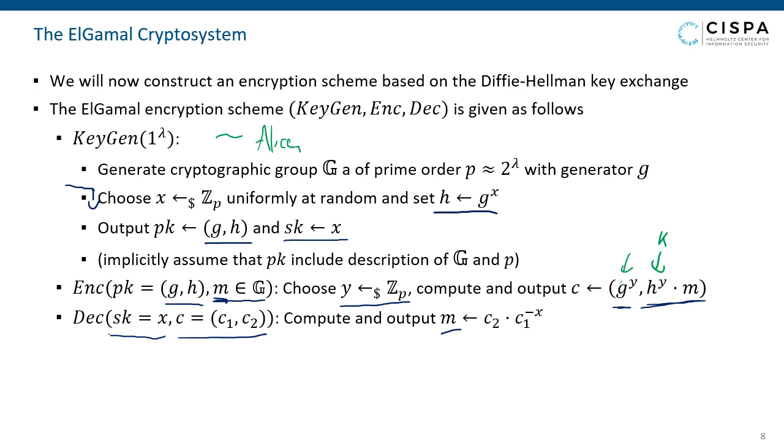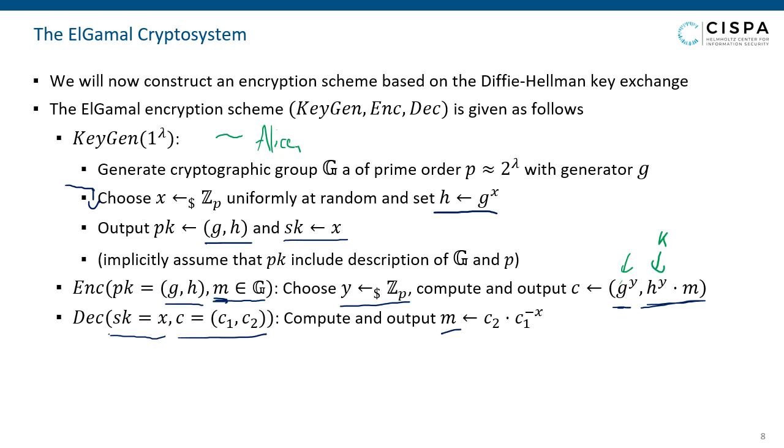Essentially, if this H to the Y was a random value, then H to the Y times M would be a one-time pad encryption of the message M. So that's really the only thing happening here. Bob computes directly the key and uses it sort of like a one-time pad.